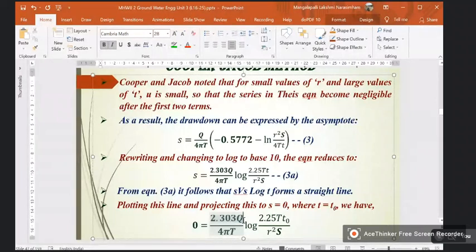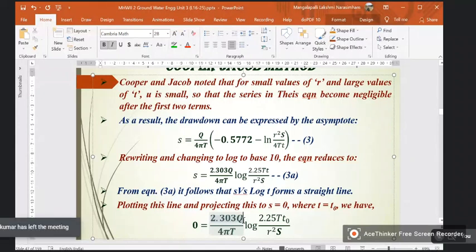When you plot s versus log of u, that is r squared, 2.25, that minus 0.5772 is also converted into the log of something to the base 10, and everything is combined.